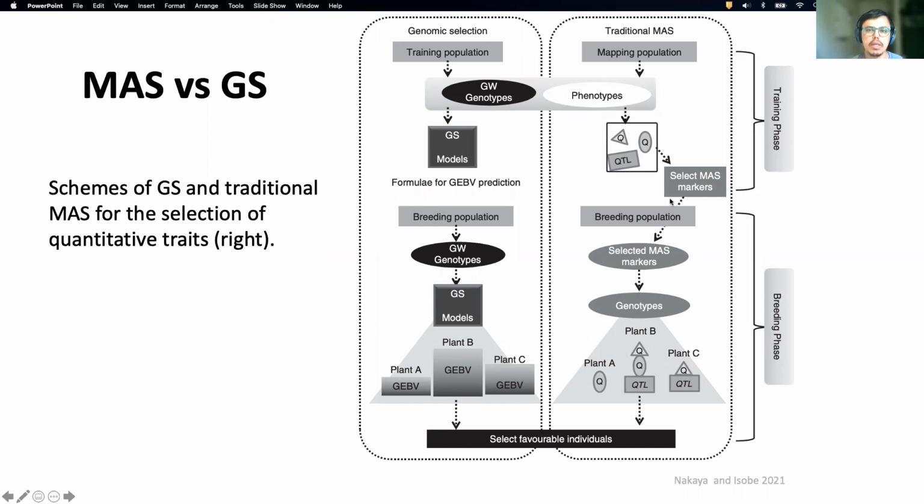The problem is that traits such as yield, for example, seem to be controlled by hundreds of regions in the genome. So if we have hundreds of regions that control one phenotype, that means that every single region of those hundreds is going to have a really small effect in the phenotype.